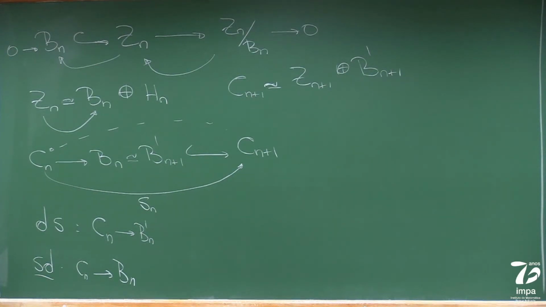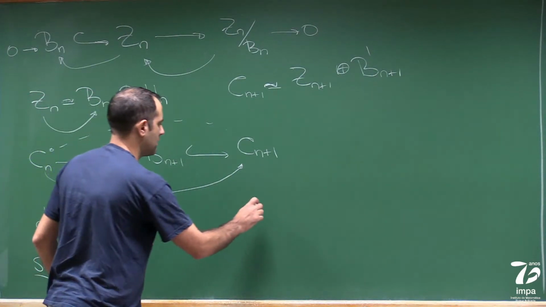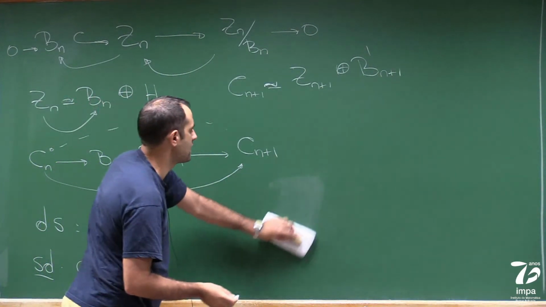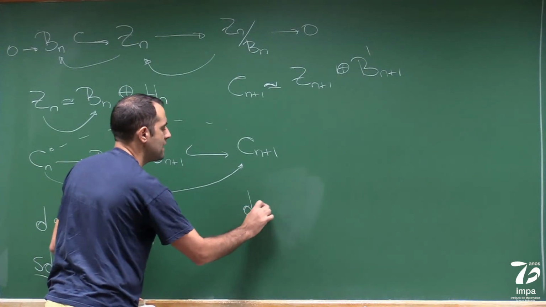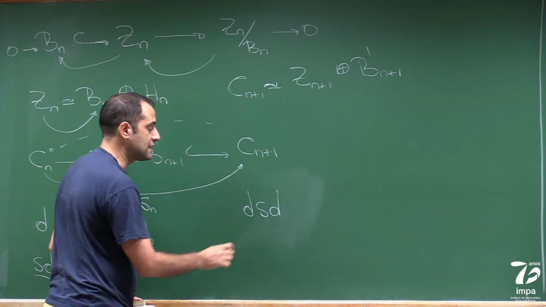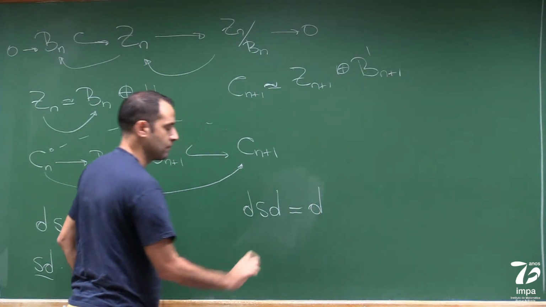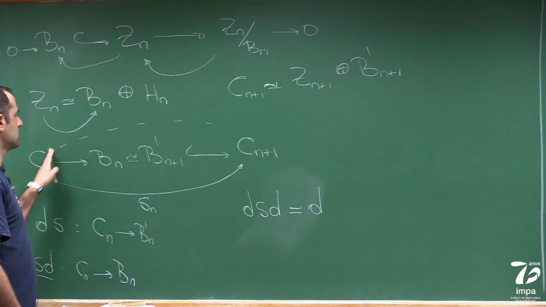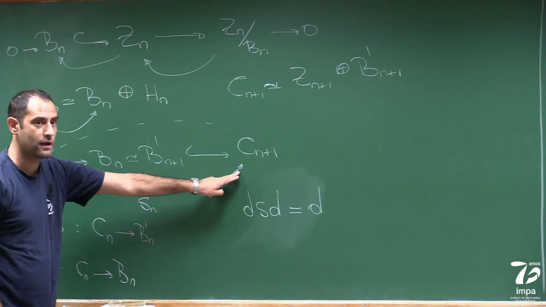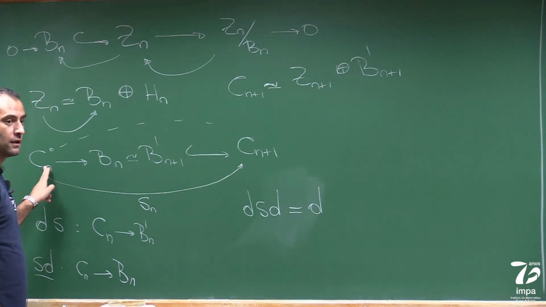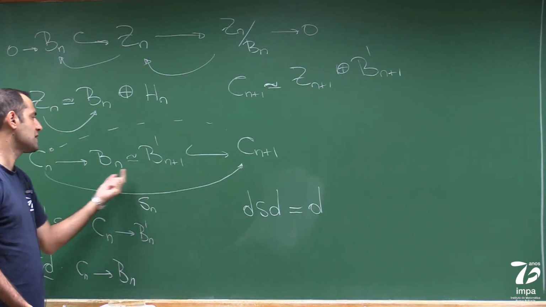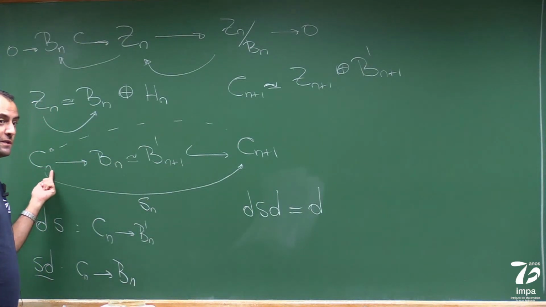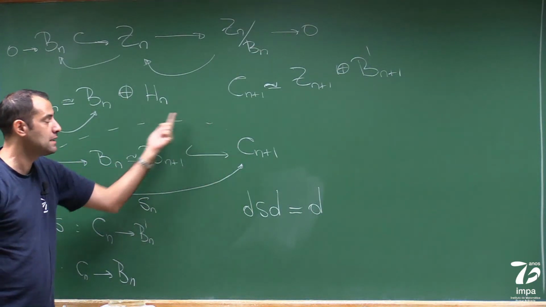Okay. So what you see is that, first of all, and that was the definition, if you do DSD, then this is the same thing as just applying D. So if I start from Cn plus 1, and I do D, I do S again, and then I do D again, this is the same thing as doing D. Of course, if I was in the kernel in Zn plus 1, this would be killed, because the first D kills it.